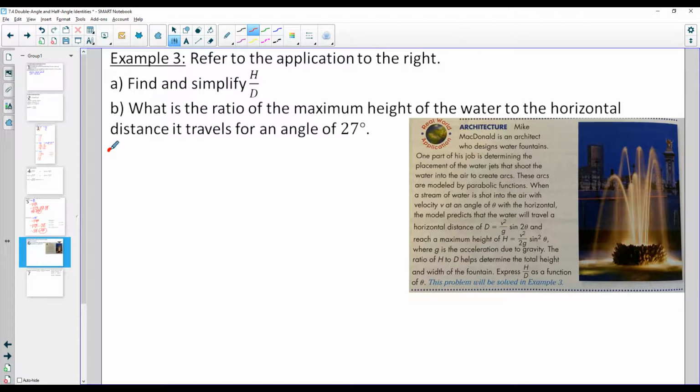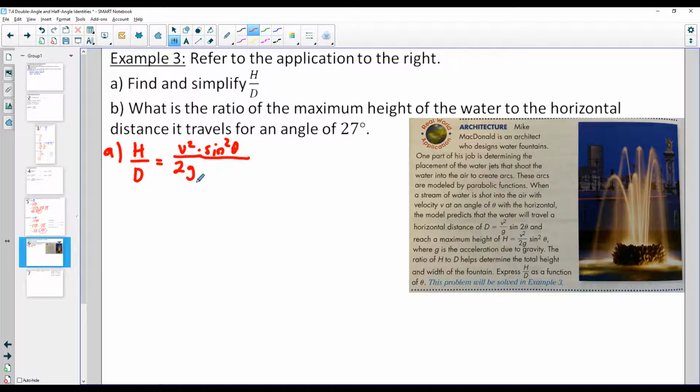So let's do a first. Well, first off, h over d is going to equal h, which is v squared over 2g times sine squared. And you know what? I'm actually just going to write the sine squared on top. I think we should all be comfortable with, if times sine squared is on the outside, that might as well mean that sine squared is in the top here.